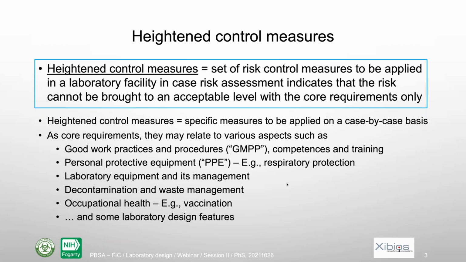And it can also relate to occupational health. For instance, vaccination may be a higher control measure in some cases where we judge that otherwise the people will not be protected enough. And also, finally, laboratory design. So again, like for core requirements, laboratory design features are only one part of the possible higher control measures.